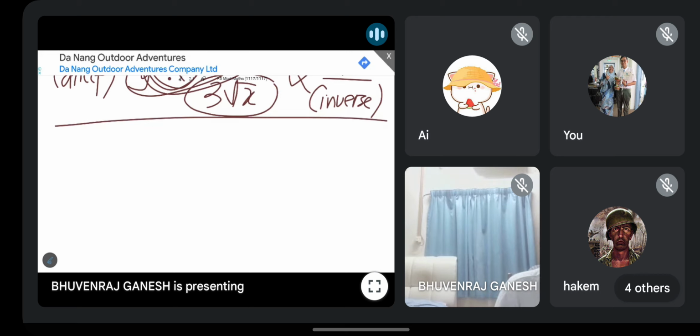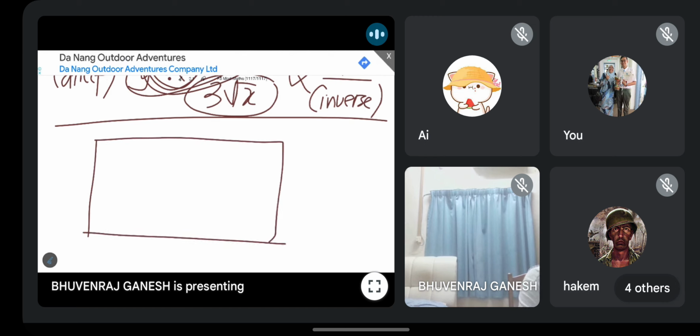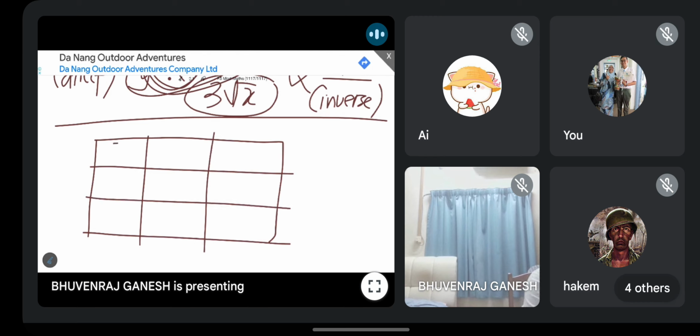Okay, chapter 1, they will ask on the graph. So next one, we play with the table. Usually in this chapter, they also like to give you a table like this and ask you questions. For example, X, Y, Z, and then they will give you some numbers.